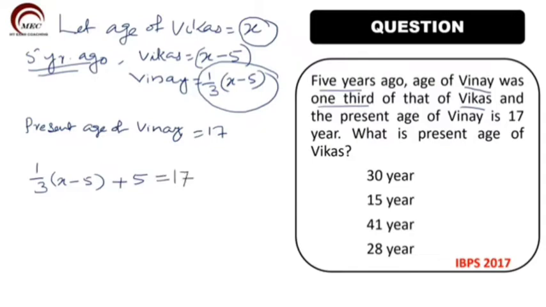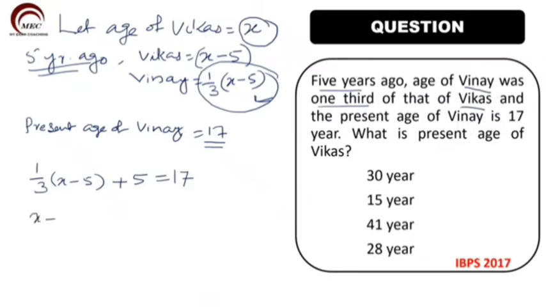Understand this concept very clearly. The present age of Vinay is given as 17. The age of Vinay 5 years ago was 1/3 of (X minus 5). So 5 years ago, this was the age, and the present age is 17. From 5 years ago, when you add 5 more years, you will get the present age. So you can solve this now.